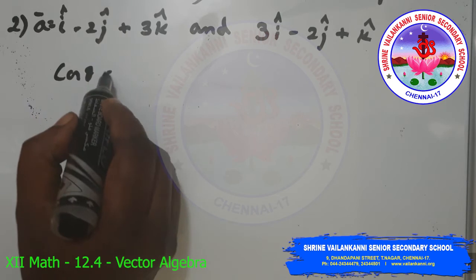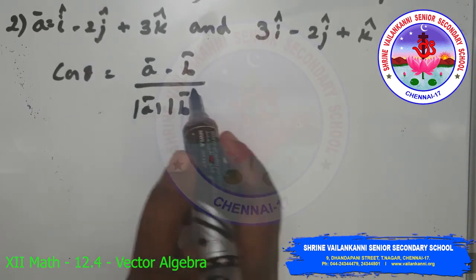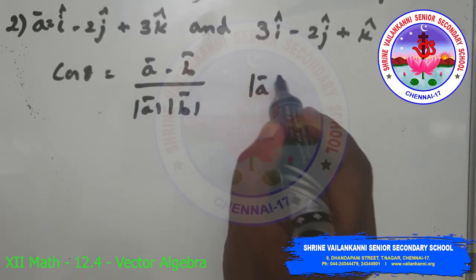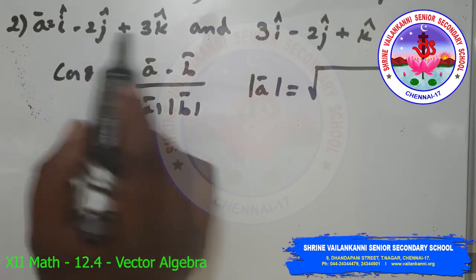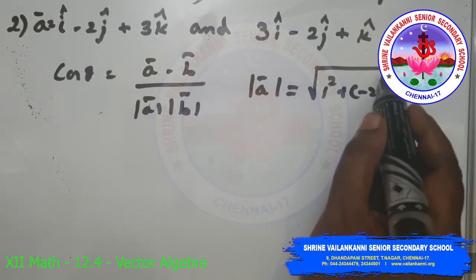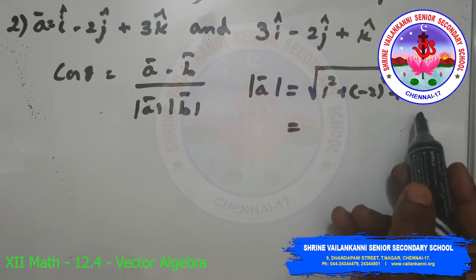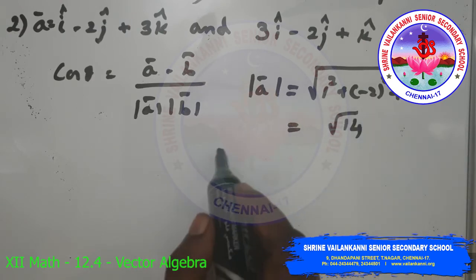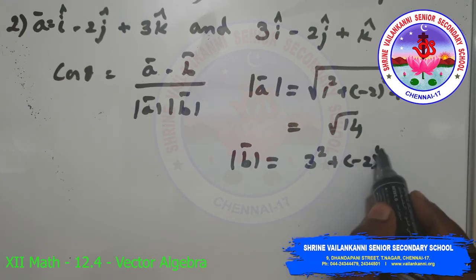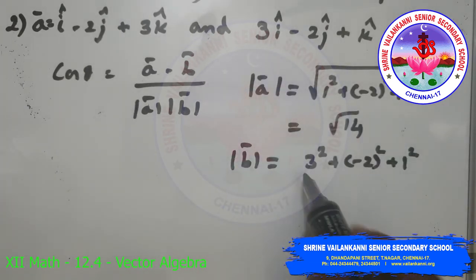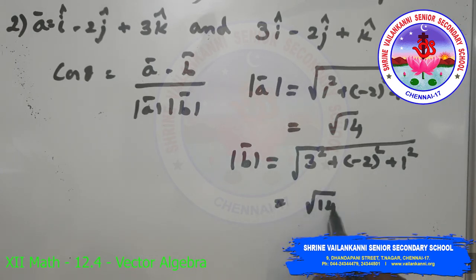So cos theta is A dot B by magnitude of A into B. Magnitude of A is root of 1 square plus minus 2 whole square plus 3 square, which is 1 plus 4 plus 9, which is root 14. Again magnitude of B is 3 square plus minus 2 whole square plus 1 square, which is 9 plus 1 plus 4, which is root 14.